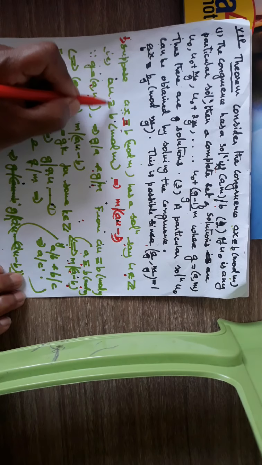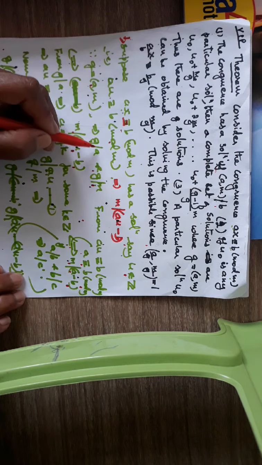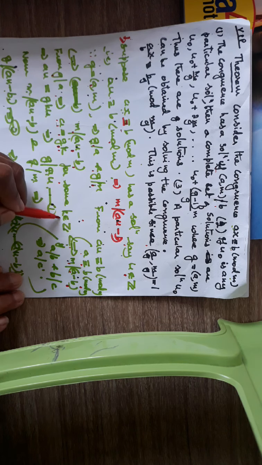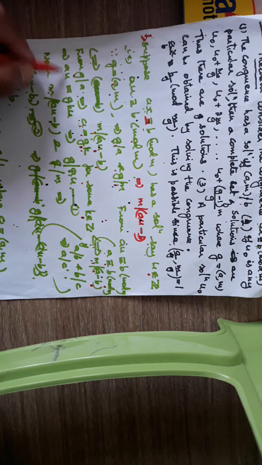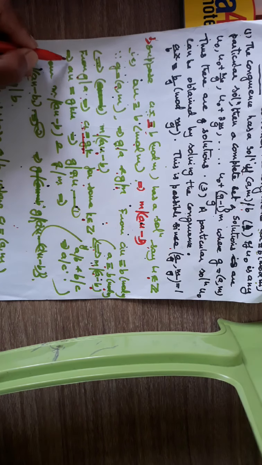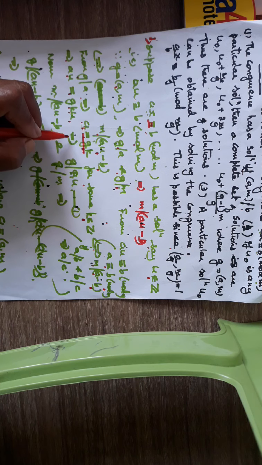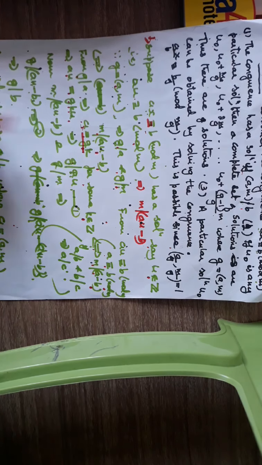And from au ≡ b mod m, it implies that m divides au minus b. And from g divides a, it implies that a is a multiple of g, that is a = gk for some k belonging to Z. Now multiply both sides by u, so you have au = gku. This implies that g divides au, or you can say that au is a multiple of g.